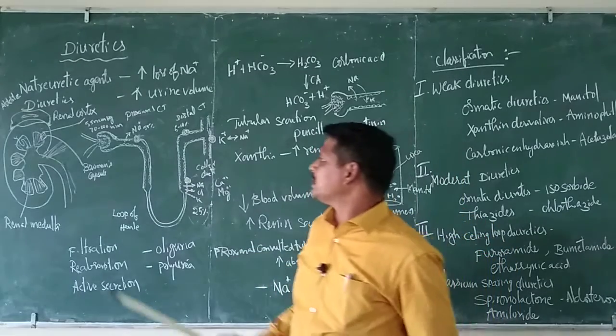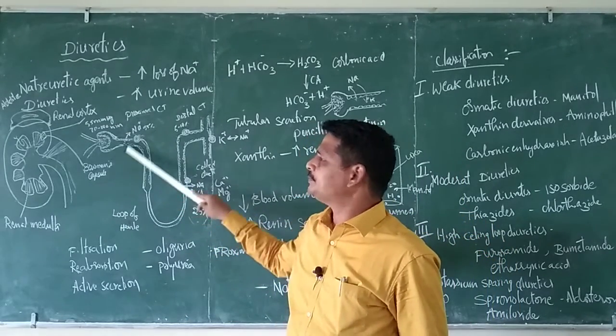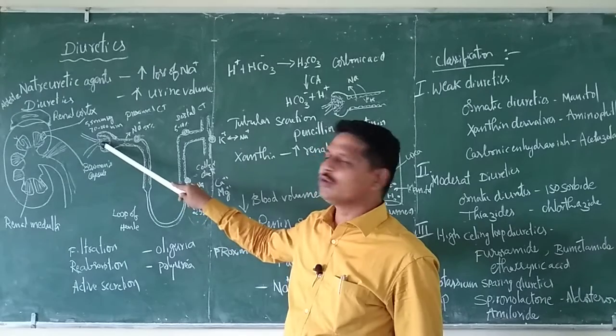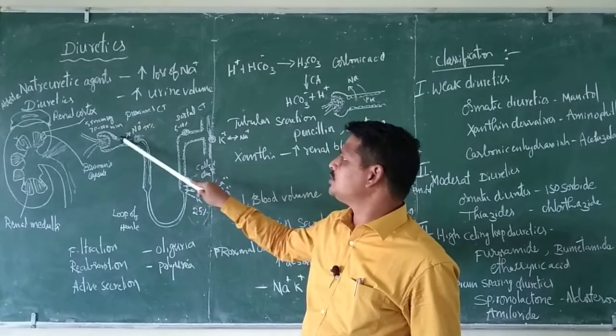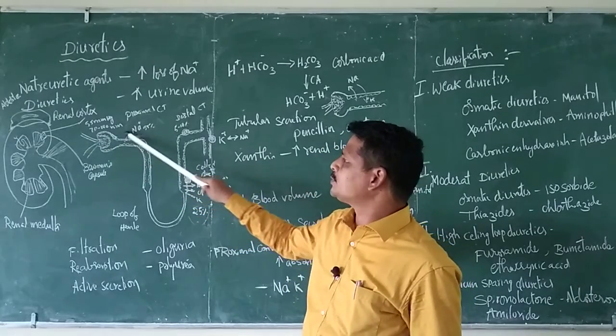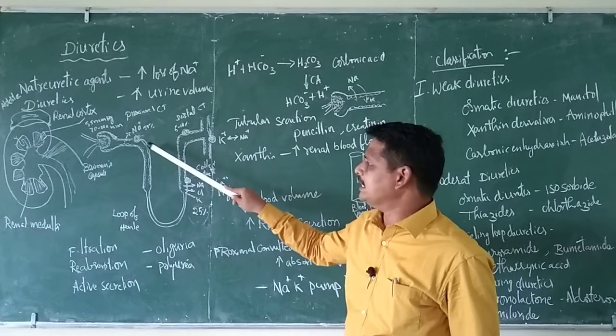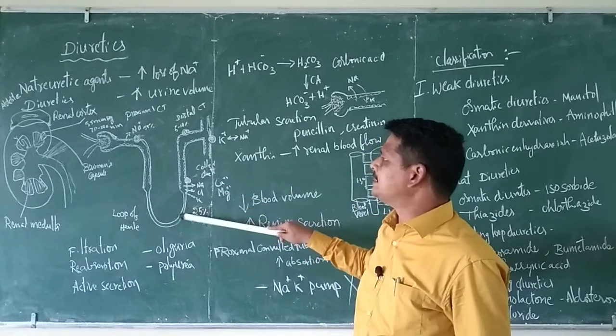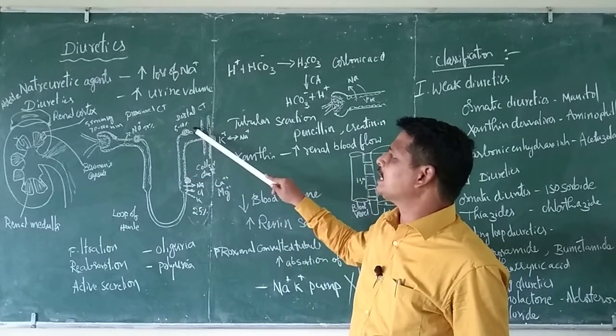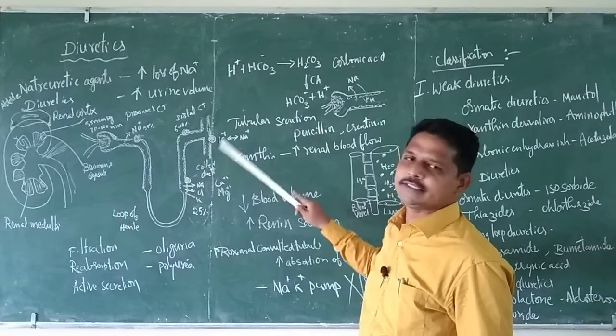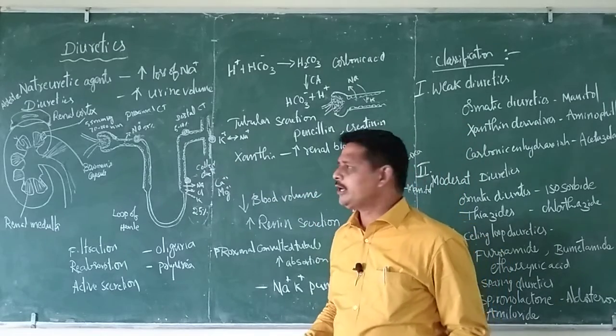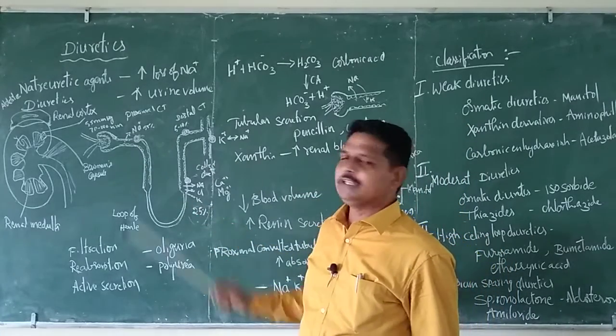Here we can see the Bowman's capsule, where the filtration takes place, and this region is called the proximal convoluted tubule, then the descending loop of Henle, ascending loop of Henle, distal convoluted tubule and collecting ducts. These are the very important parts of the nephron.